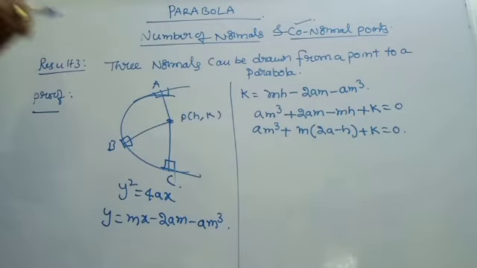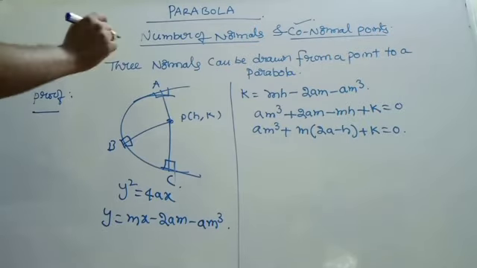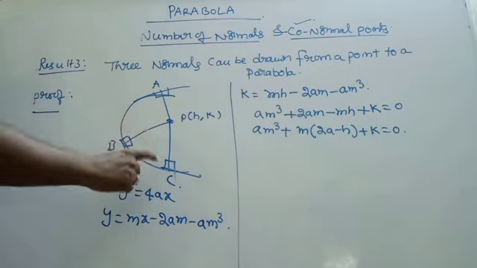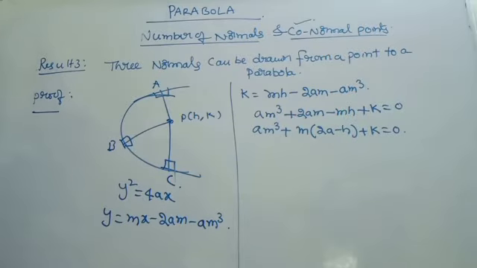For each m value, there will be one normal passing. That's why 3 normals can be drawn from a point to a parabola. See how beautifully we have got this particular result. And I told you already the feet of the perpendiculars are called conormal points, and we can pass a maximum of 3 normals from any point to a parabola.